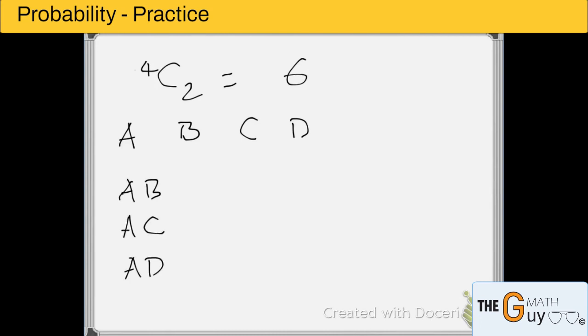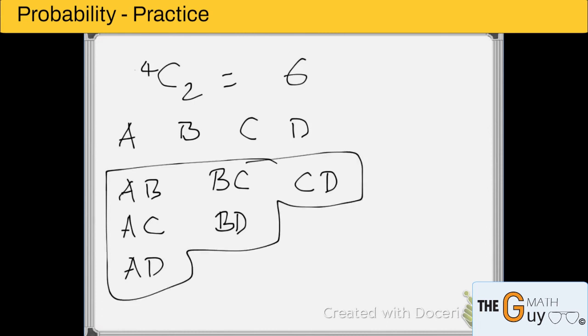With A, I've finished all the pairs. With B, I could have done BC or BD, since AB is already done. And with C, I could have done CD, and D is already finished. So these are the 6 scenarios that pop out when you do 4 choose 2, the possible outcomes of selecting 2 objects out of 4.